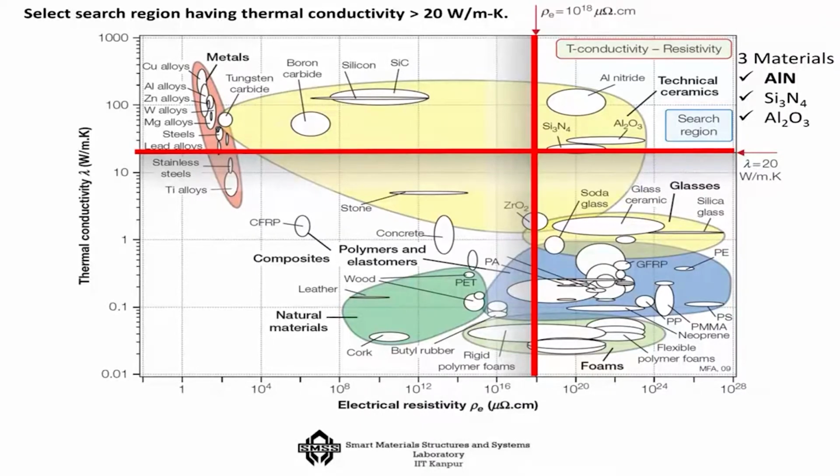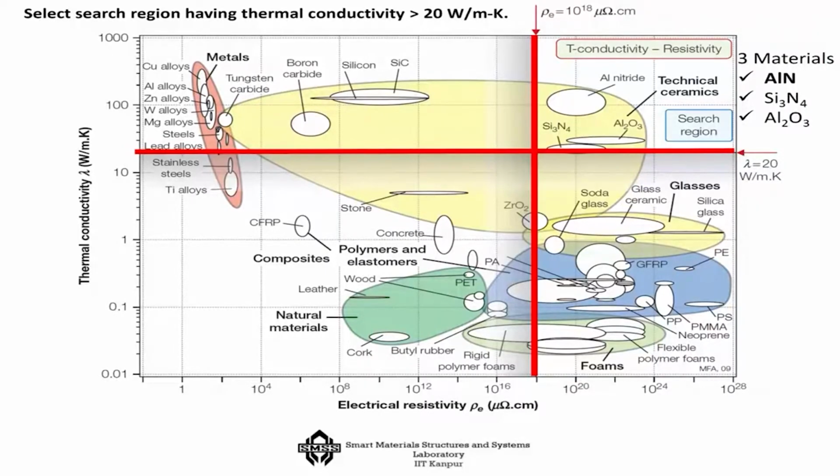These give you a better resistivity, that is 10 to the power 18, and a thermal conductivity which is greater than 20 watt per meter Kelvin.